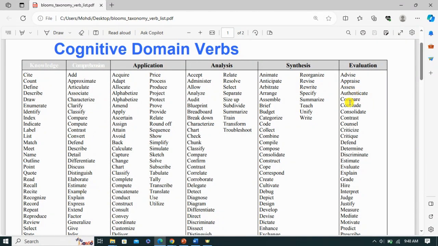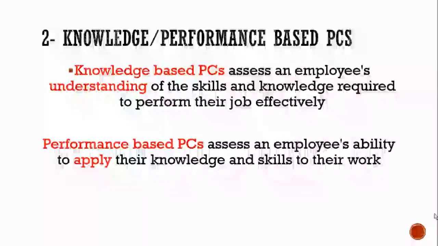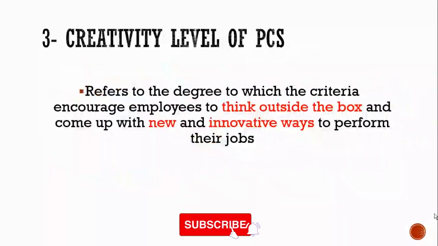And there are those Bloom's taxonomy verbs that address performance. So when we talk about performance-based PCs, they assess an employee's ability to apply their knowledge and skills to their work. So you can see the difference. So as an expert in that particular field, you should be able to identify what are the knowledge-based PCs and what are the performance-based PCs.